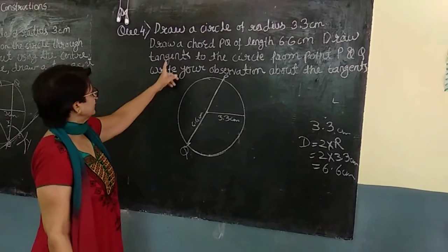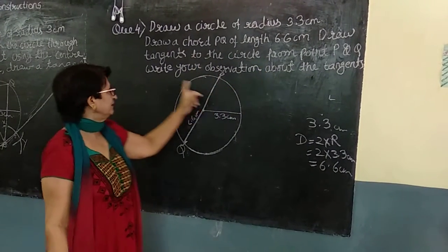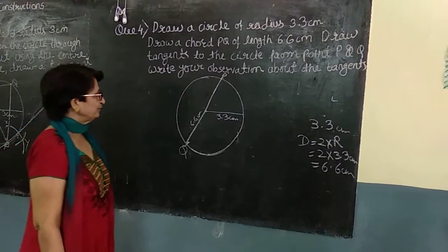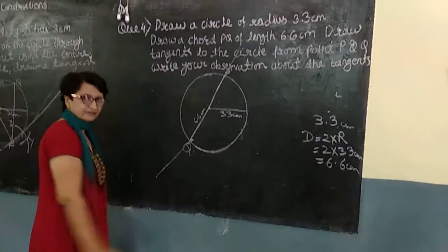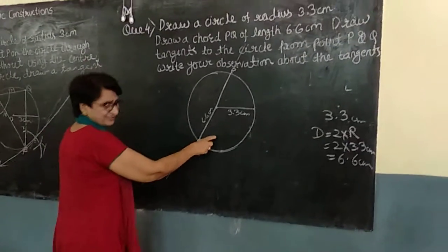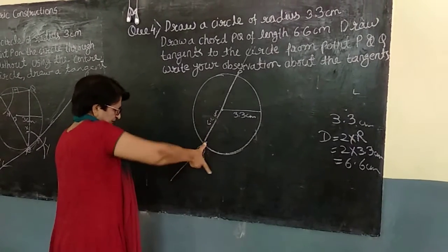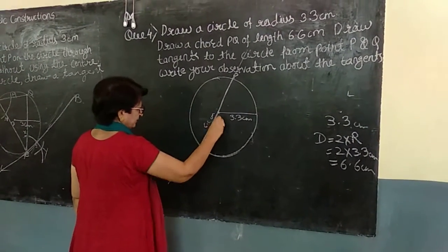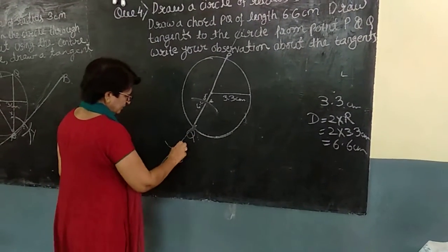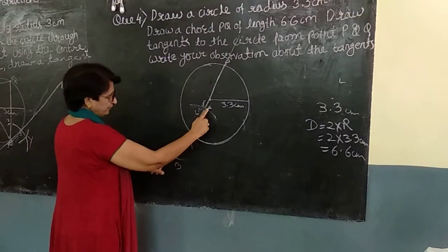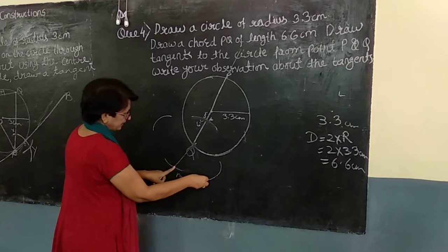After that they are saying that we have to draw tangents to the circle from points P and Q. So what did I teach you? Extend this line. Then with Q as center and any convenient distance, mark an arc on this side and then this side. Name it A, B. Then taking more than half of AB, draw an arc on this side and this side.